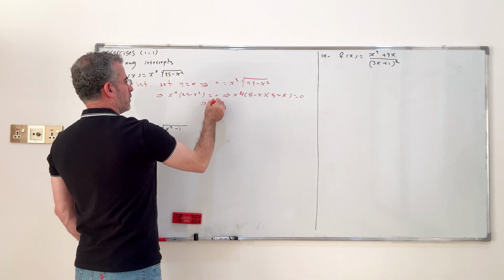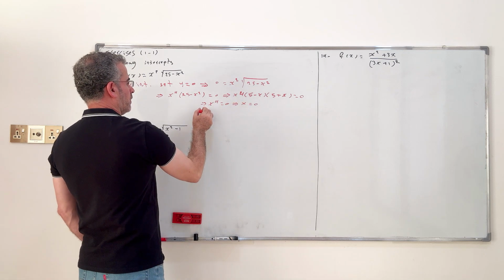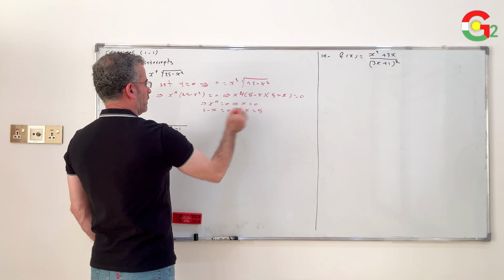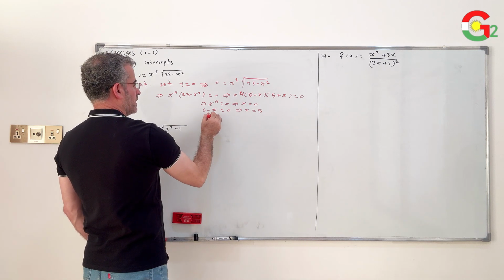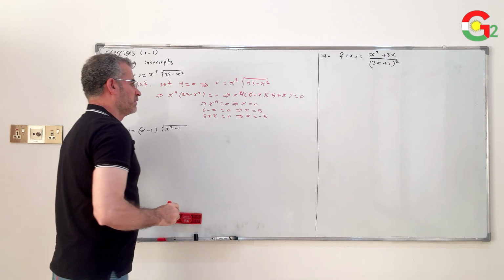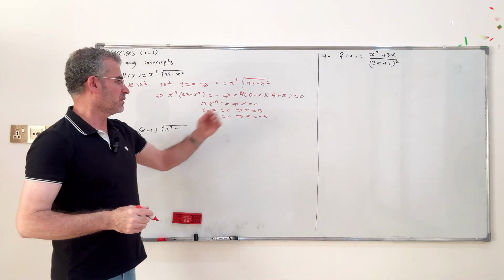Either x power 4 equals 0, this will give me x equals 0, or 5 minus x equals 0, this will give me x equals 5, or 5 plus x equals 0, this gives me x equals negative 5. These are the x-intercepts, 3 x-intercepts.